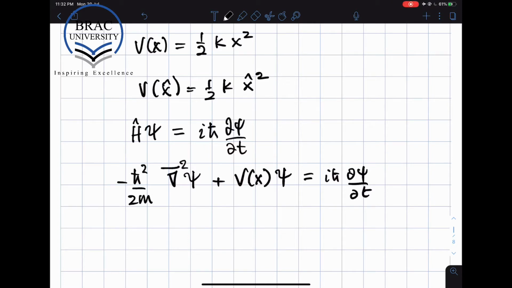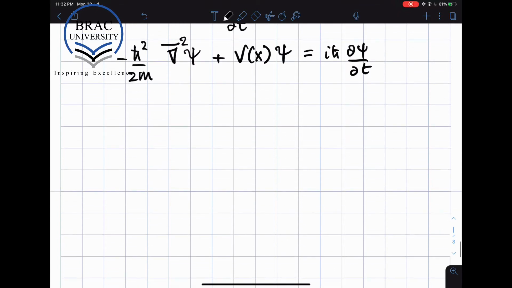Right. So let us now specialize to the free particle in one dimension. Our Schrodinger equation, let me rewrite it, is given by h bar squared by 2m times del squared psi by del x squared.